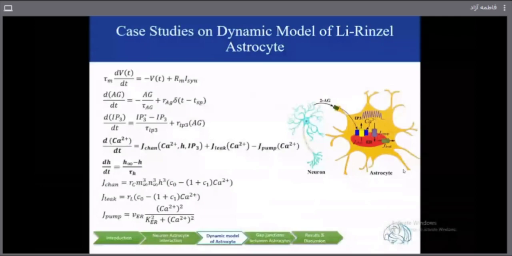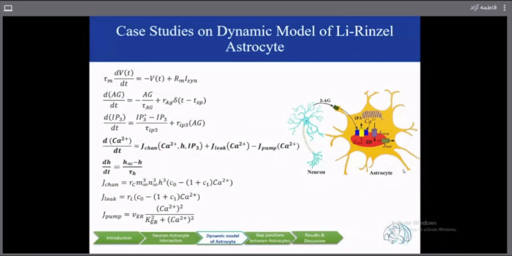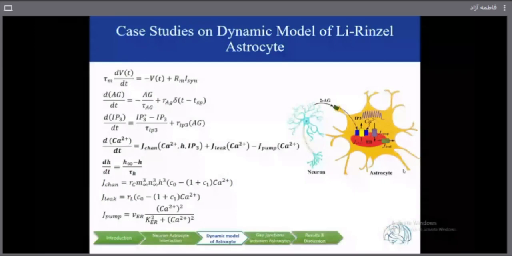Rm is the membrane resistance, τm is the time constant, V is the membrane voltage, and I_syn is the input current from synapse. We assume that when the IF neuron fires, 2-AG diffuses into the synaptic cleft. In this equation, AG is the quantity of 2-AG, τ_AG is the decay rate of 2-AG, R_AG is the 2-AG generation rate, and t_sp is the firing time of the IF neuron.